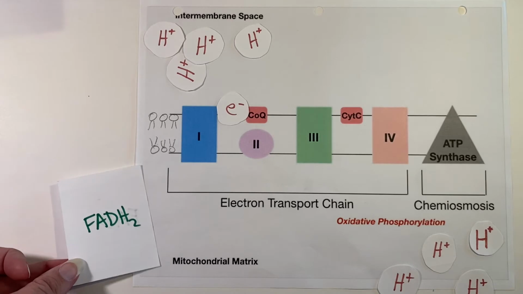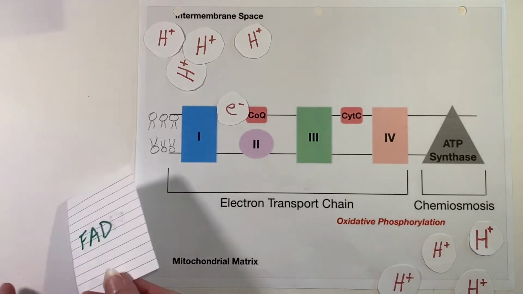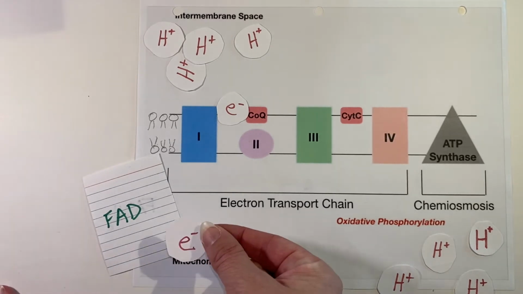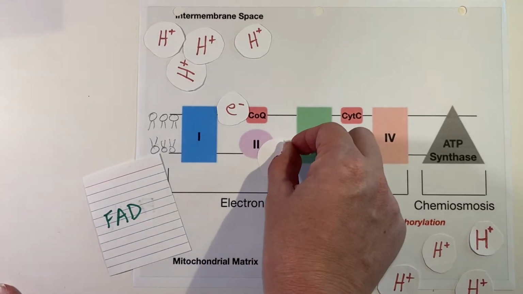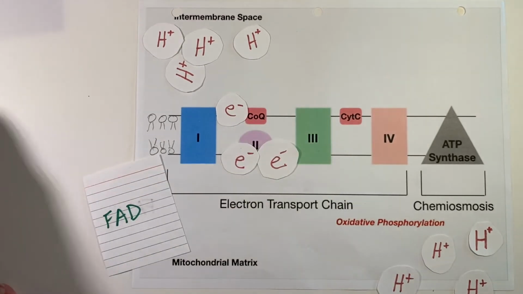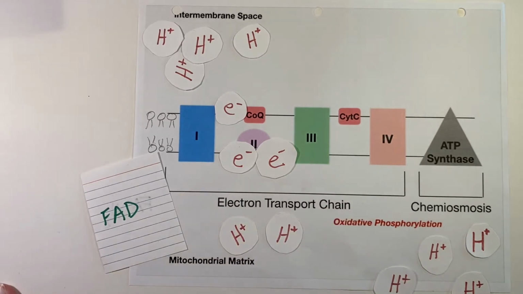Then along comes the other thing we made, FADH2. Now it is going to give up an electron and send it right over here to complex 2. And actually it has 2 hydrogens and 2 electrons to give.